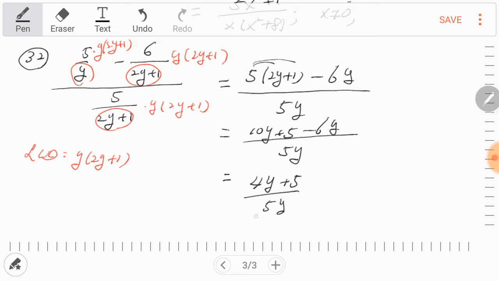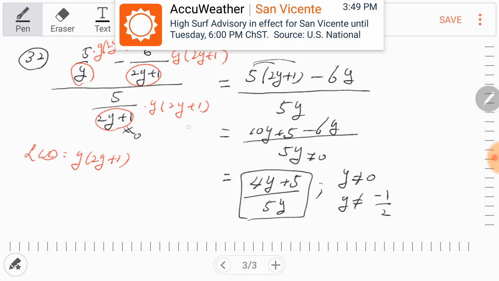So this is the expression. And how about the restricted values of y? From this, y cannot be equal to 0. And then from the original denominators, this should not be equal to 0. So y is not equal to negative 1 over 2. Move 1 to the other side, so over 2. And even this one.